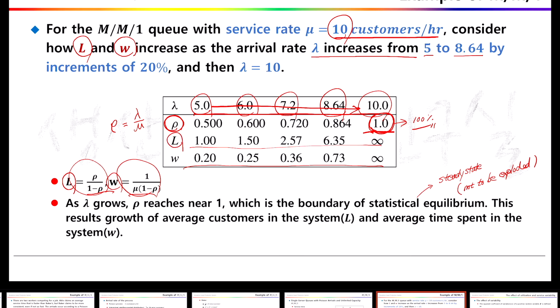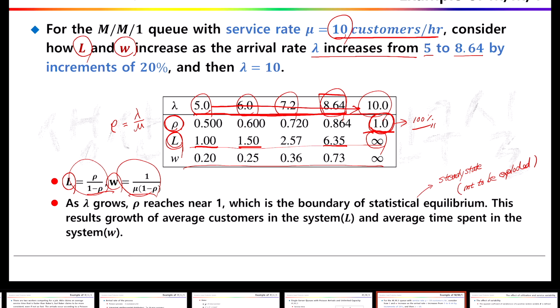L increases according to the increase of lambda from 1.5 to 6.35 when lambda is 8.64, etc. And if lambda is 10, then the number of customers in the system is going to be infinite.